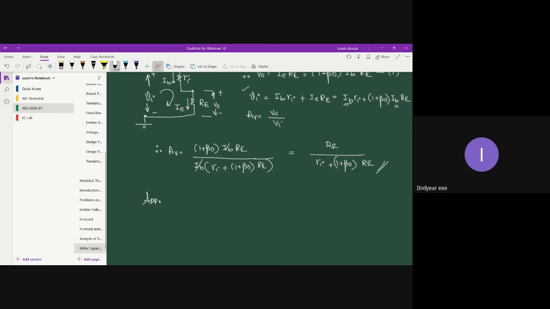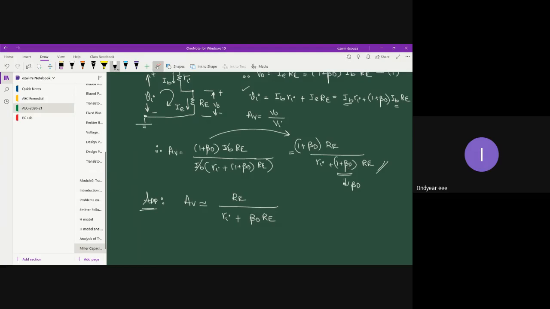Now the approximate expression, just to show that voltage gain is closer to unity for an emitter follower circuit. The numerator remains Re. In the denominator you can write Ri plus 1 plus beta D, we shall take it as beta D, into Re. Here also, this is 1 plus beta D into Re. I'm so sorry, I think I missed out this term.